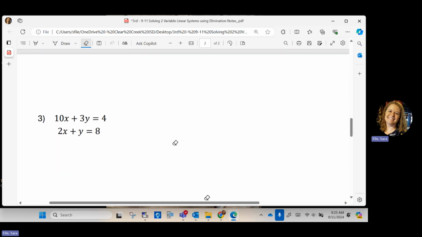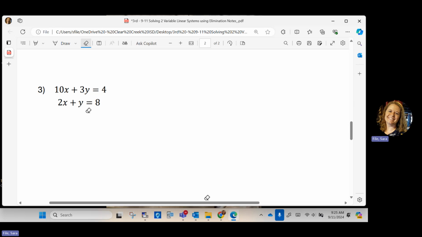So I can multiply either of these equations by any number that I want to so that it will eliminate one of the variables. So for instance, if I wanted to eliminate the X's, how could I turn a 2 into a -10? What would I multiply by? I could multiply this by -5 and it would become -10, which would eliminate the X's.